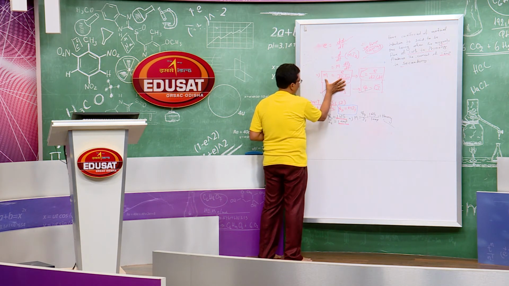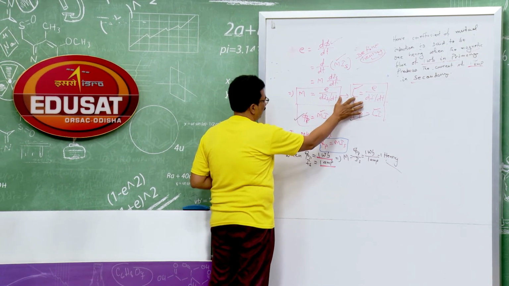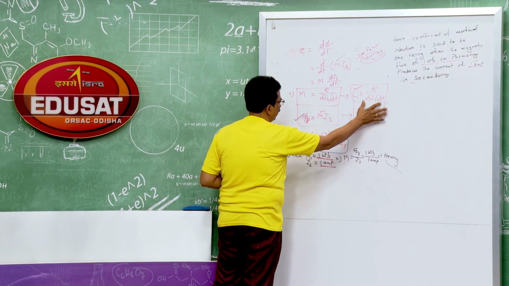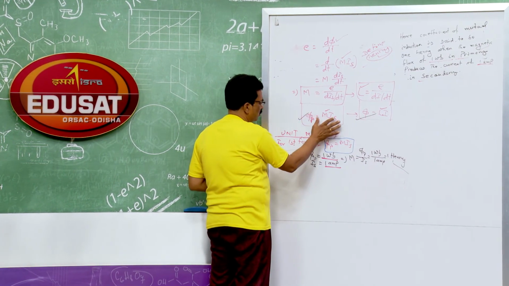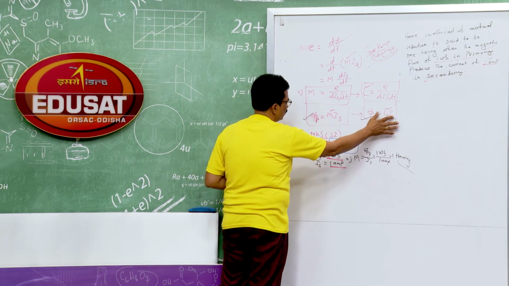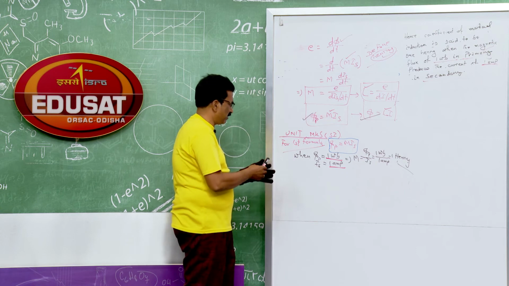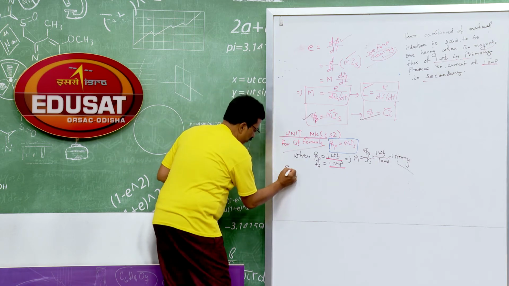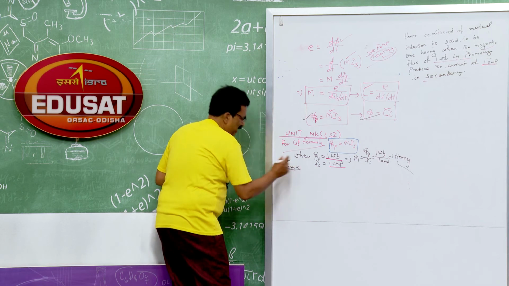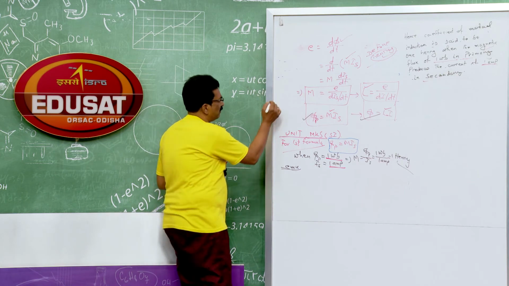The mutual definition for M is equal to E by dIs by dt, and for L is equal to E by dI by dt, and for the primary definition phi p is equal to MIs or phi is equal to Li, and we already discussed its unit for the SI. Suppose you go for the EMU. Sir, what is EMU? Generally we write CGS. So, CGS is of two types.